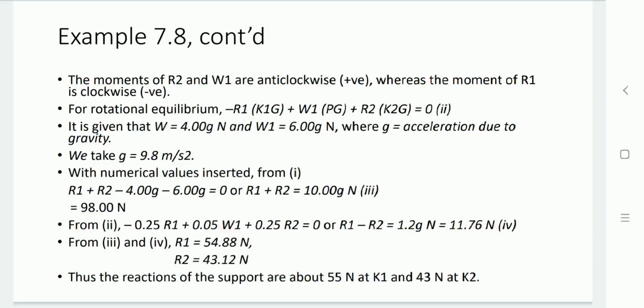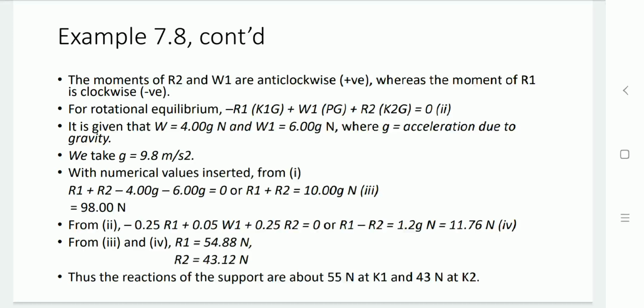So for rotational equilibrium we have minus R1 into K1G plus W1 into PG plus R2 into K2G equal to 0. W is 4 g Newton, W1 is 6 g Newton, and g is 9.8 meter per second squared.